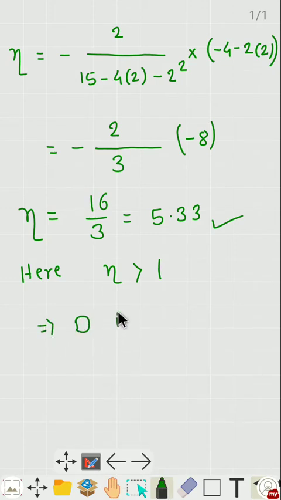Our main question was to find the price elasticity of demand, and that price elasticity of demand is 5.33. This is our extra part. Let us take the next question based on this.